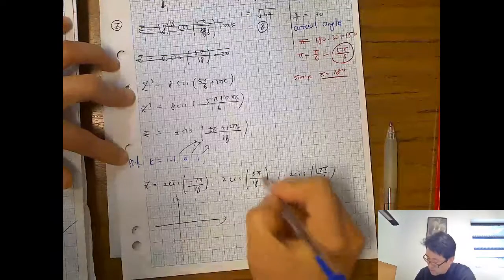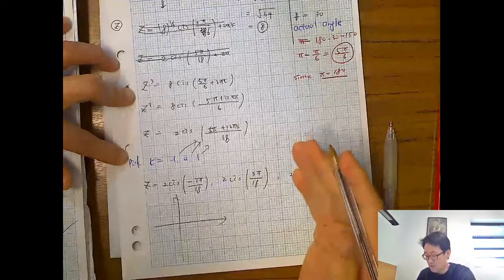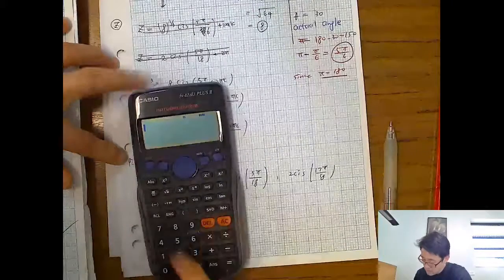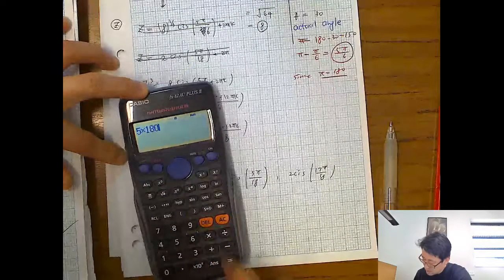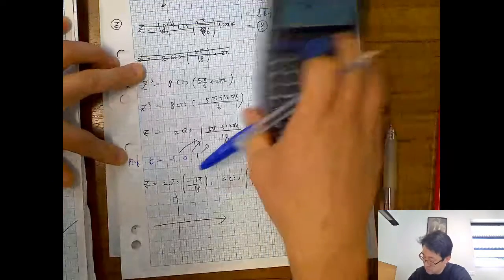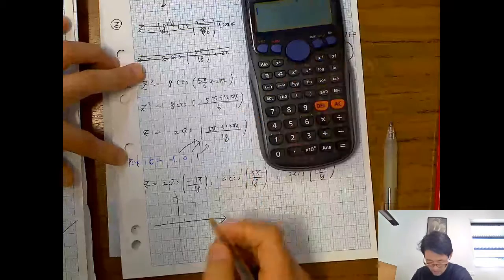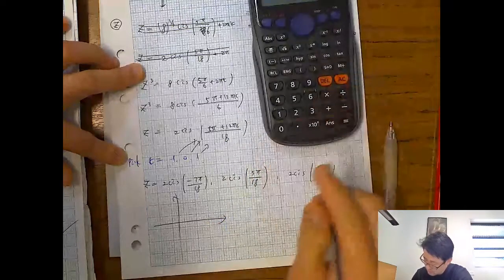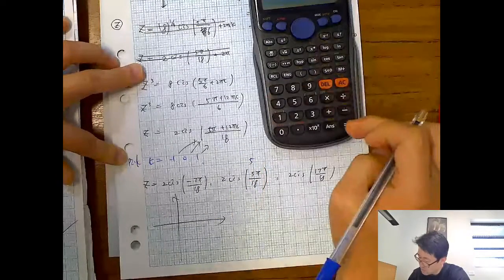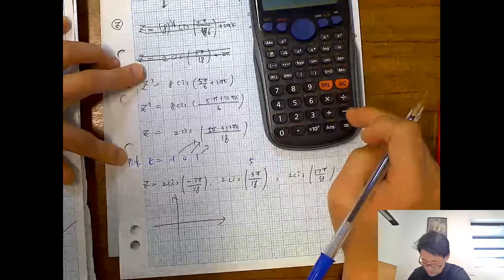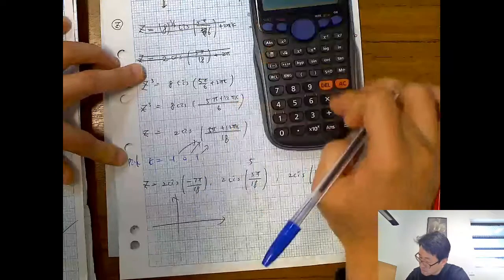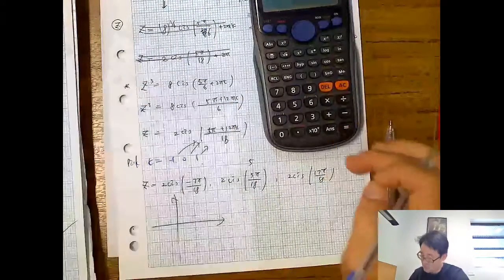We'll get that, so times 180. Then you figure out where they stand roughly. 5 times 180 divided by 18 is 50. Then 70, then 170.